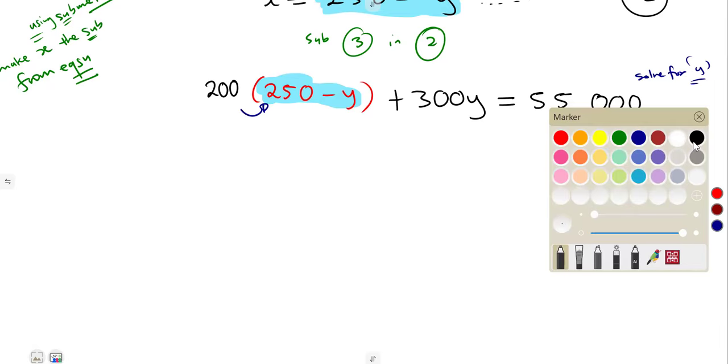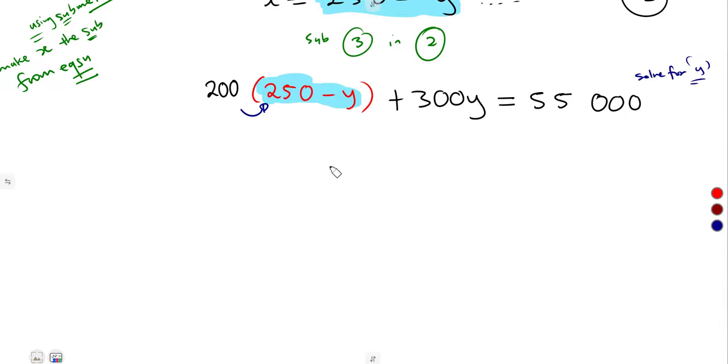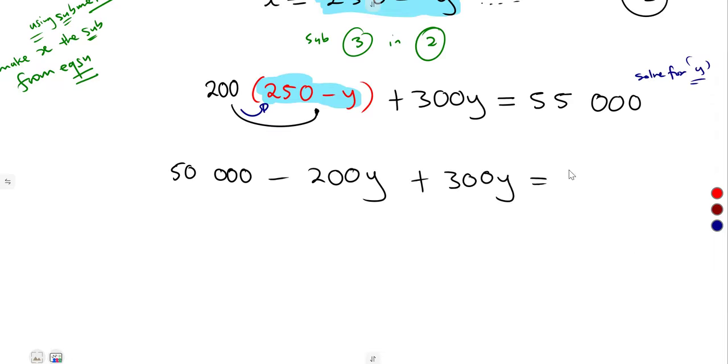That's 200 times 250. If you were to multiply, that gives us 50,000. Then 200 times negative Y is negative 200Y. This is going to remain as it is, and that is equal to 55,000.